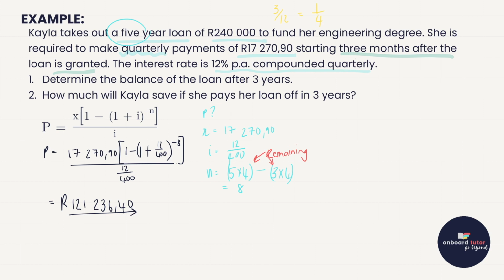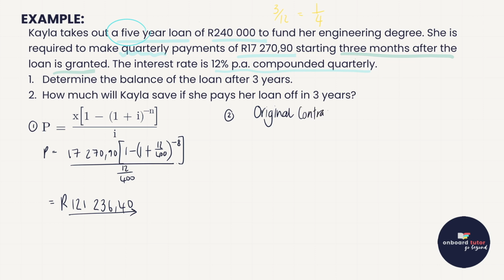Then the next question says, how much will Kayla save if she pays her loan off in 3 years? So we need to take a similar approach to what we did in the preceding question, where we said, what was the original contract? The original contract was that Kayla was supposed to pay 17,270 Rand and 90 cents over 5 years quarterly.